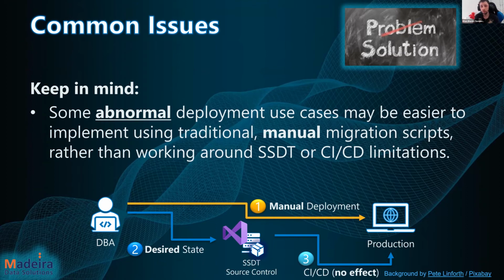I've seen such use cases whenever there's a very complex change in the database schema. For example, if someone wants to normalize a table, that's too complicated because you need many steps involved when normalizing a table.